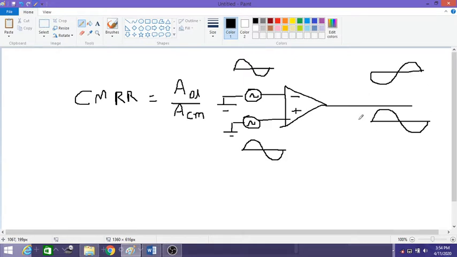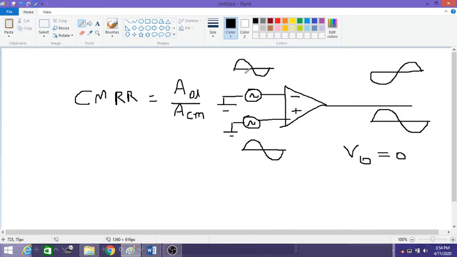When you add these, ultimately we get an output equal to 0. If there is a slight variation in magnitude, whichever dominates, we get an amplified version of that input at the output. That gain we call ACM.